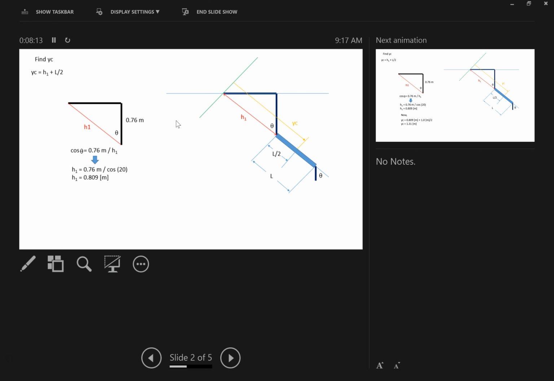So cosine of the angle equals 0.6 meters divided by your hypotenuse, you can rearrange and solve for your hypotenuse. So you get 0.809 meters. All right, now we could then add half a meter to get our YC value.